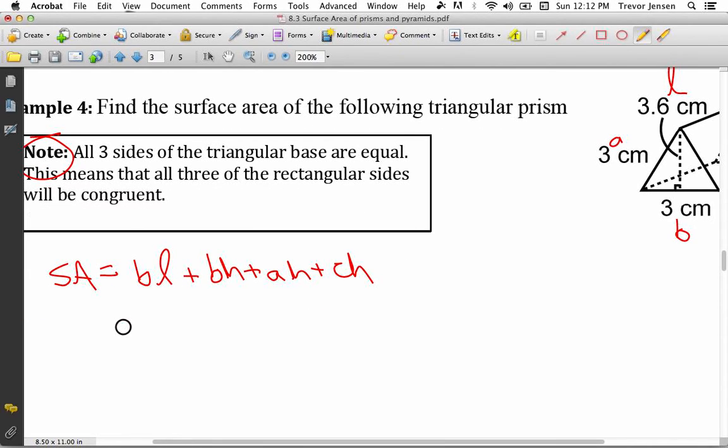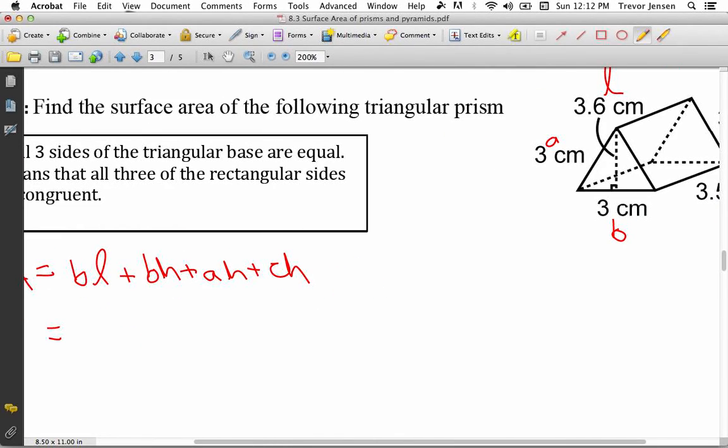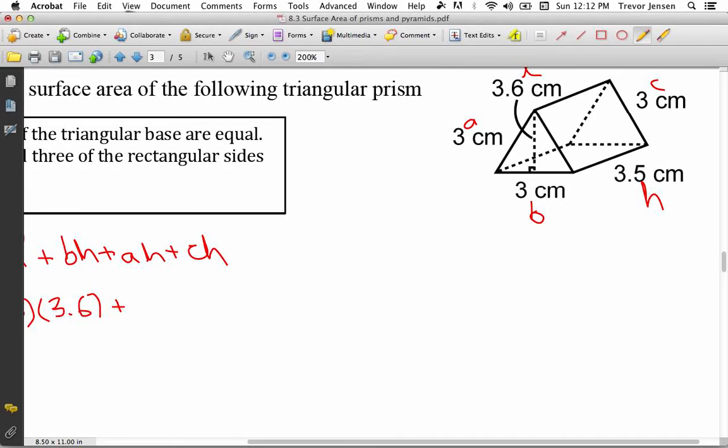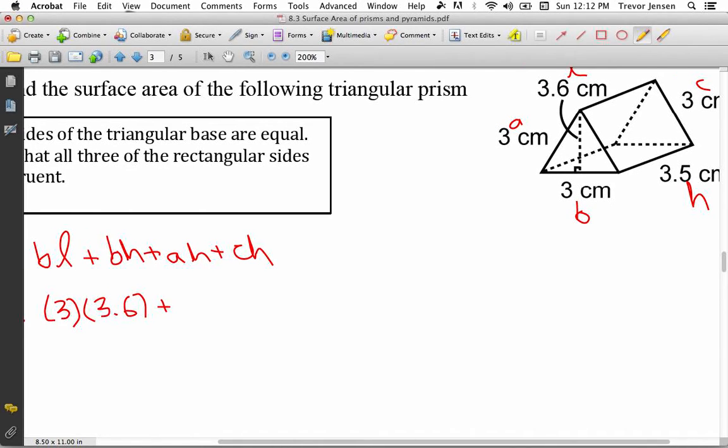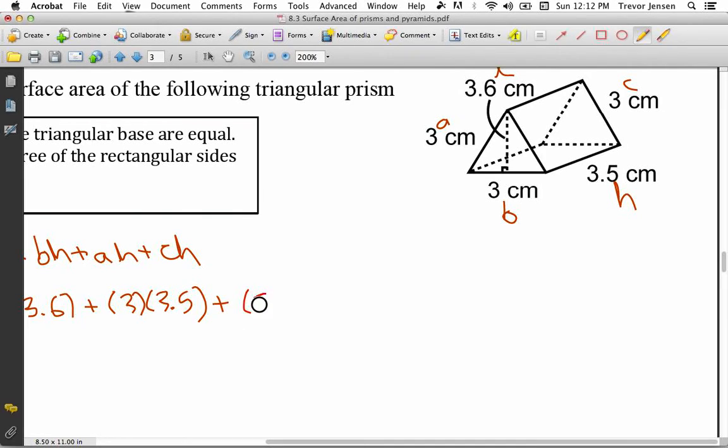So surface area equals B times L, so 3 times 3.6, plus B times H, so 3 times 3.5, plus A times H, so 3 times 3.5 again, plus C times H, which is 3 times 3.5 again.